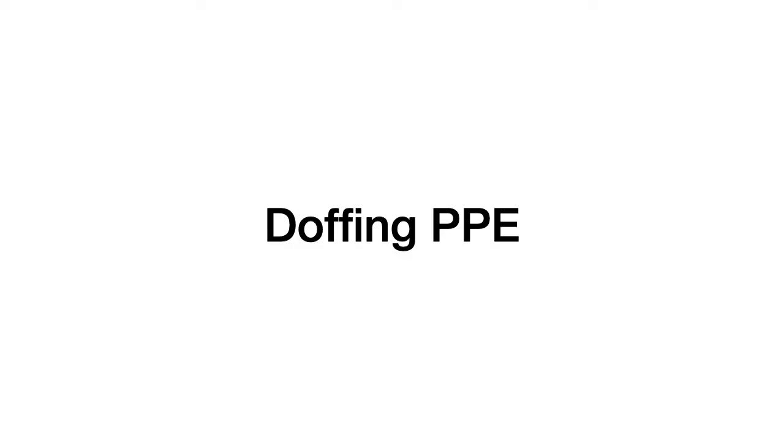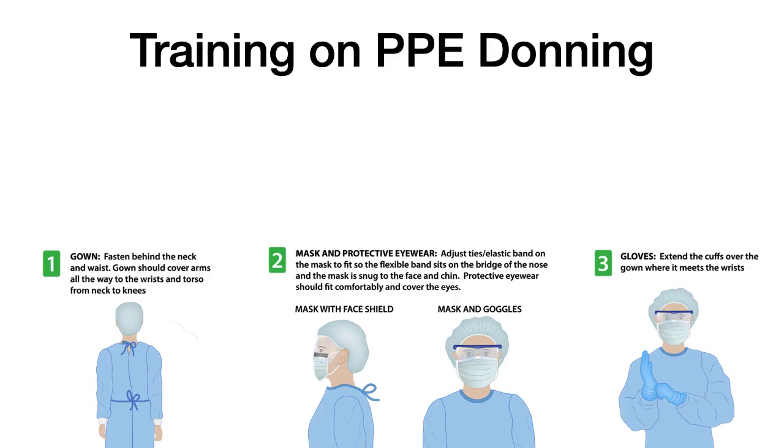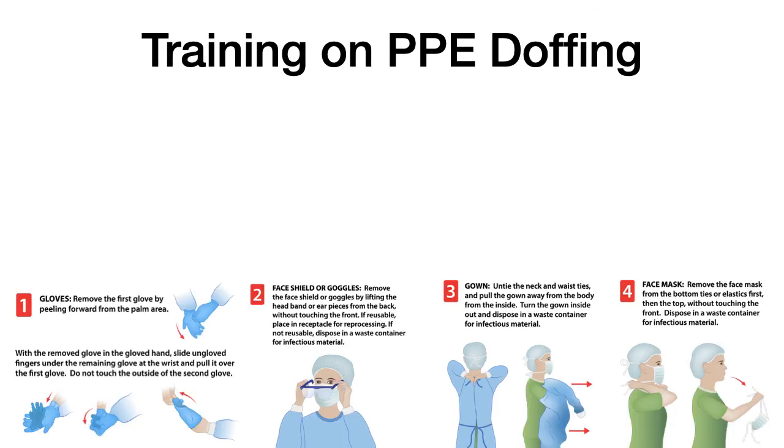After the procedure, we should take special precautions while doffing the PPE so as to not contaminate in the doffing procedure. It is a good idea to have an observer help you through the doffing procedure. As part of this, it is important to train people in proper PPE donning as well as proper PPE doffing. So both donning and doffing are critical.